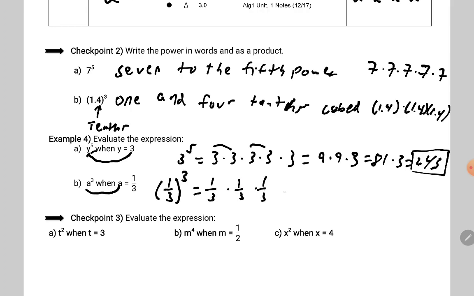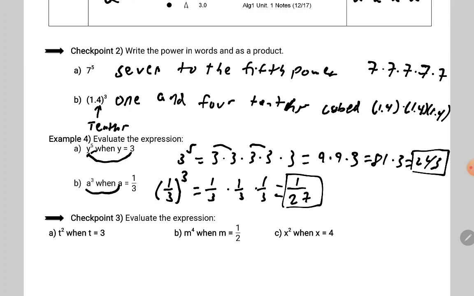And we're just going to do this. You can do it one at a time, or you can do it all across the top and all across the bottom. So 1 times 1 times 1 is 1. 3 times 3 is 9. Times 3 is 27. That's our answer.